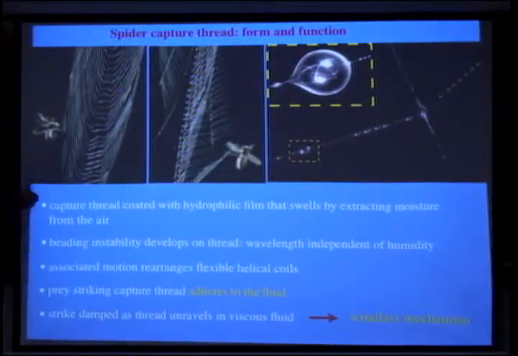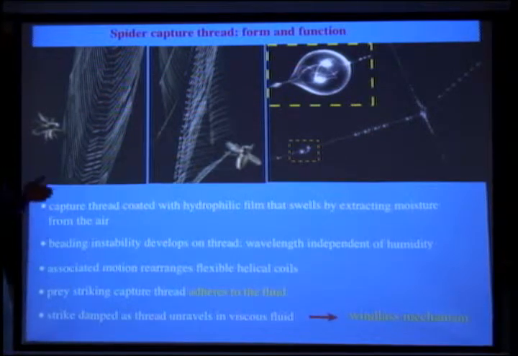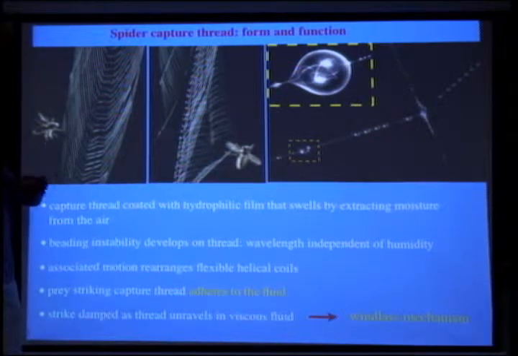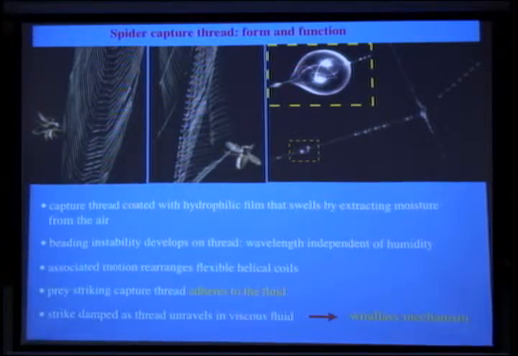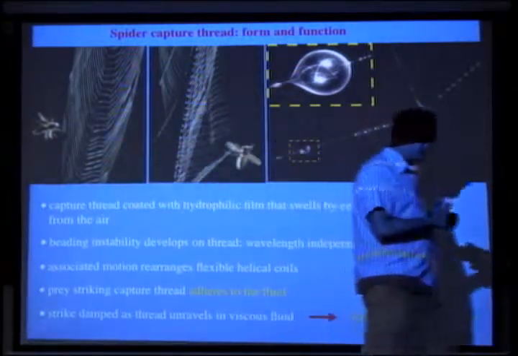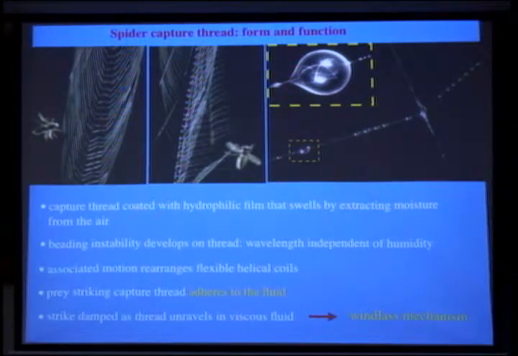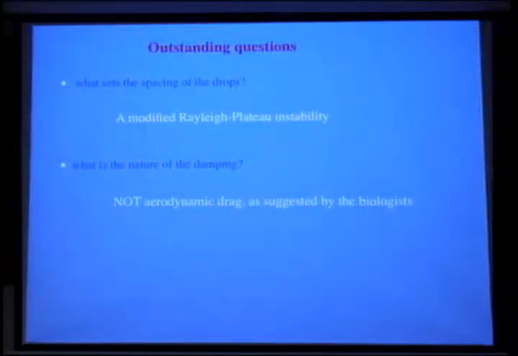Because if it was perfectly elastic, it'd go whoomp, whoomp, and come out exactly the same. But here you're unraveling these elastic threads in a viscous fluid. So those are the two effects of this capture thread. One is it's wet, so the prey sticks to the thread. Secondly, it takes energy out of the impact.